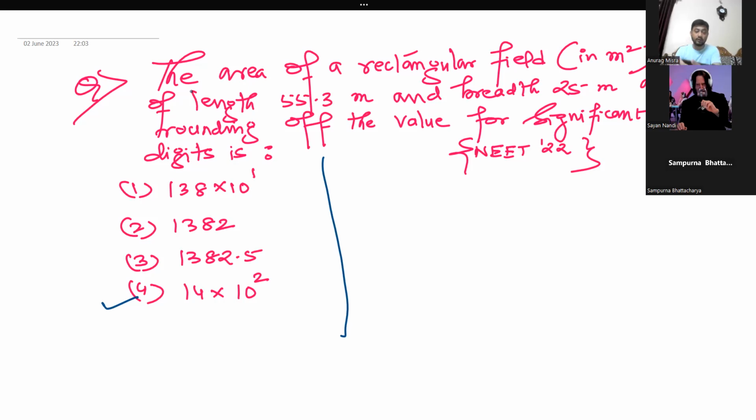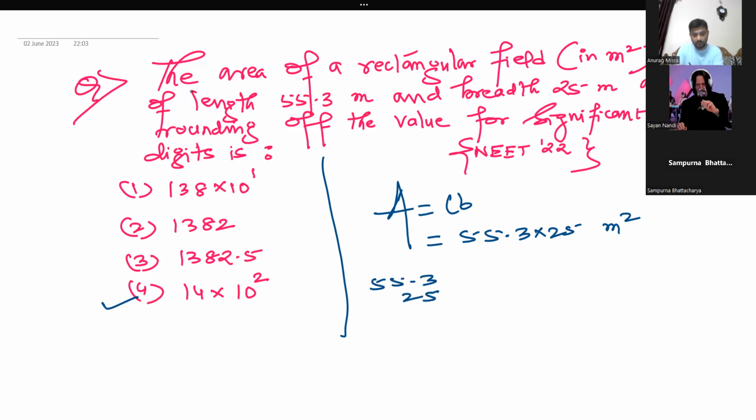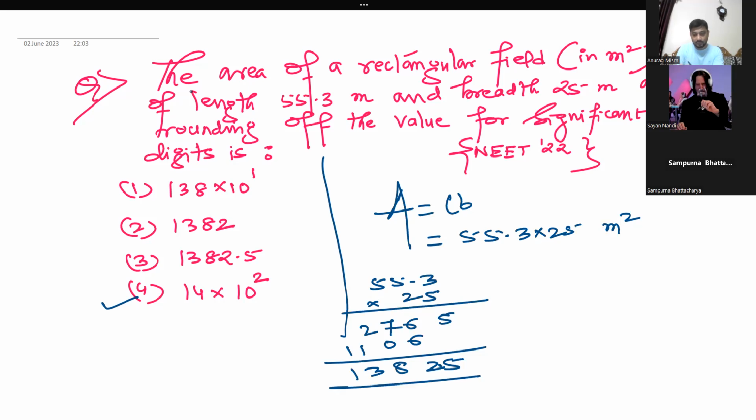Still, if we want to solve it, we can solve it like we know that area is equal to length multiplied by breadth. So 55.3 multiplied by 25 meters square. So first we'll do normal multiplication, 55.3 and 25. So that will give us 1382.5 meters square, and we'll approximately write it as how much?